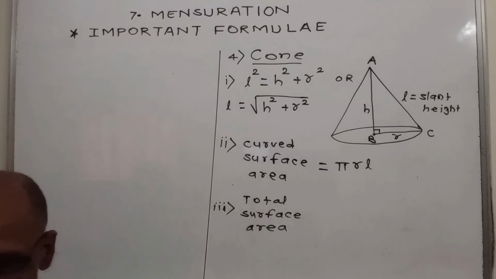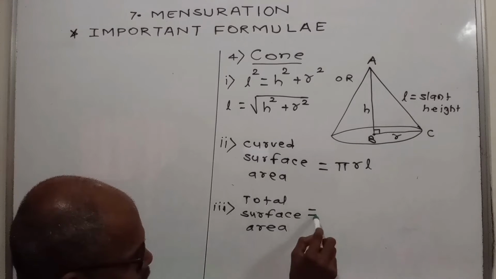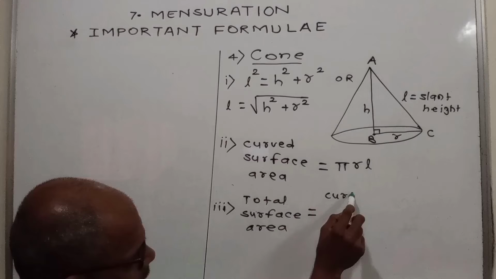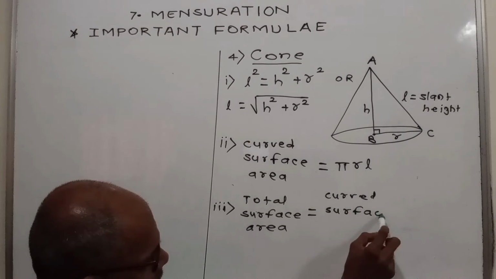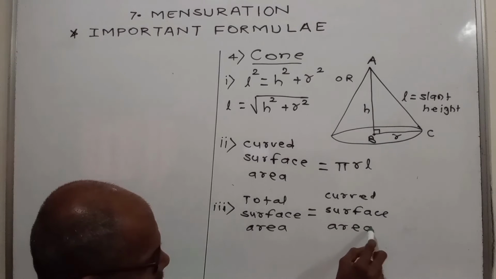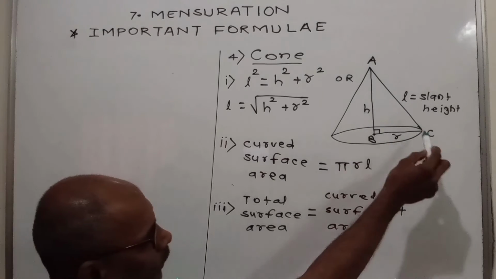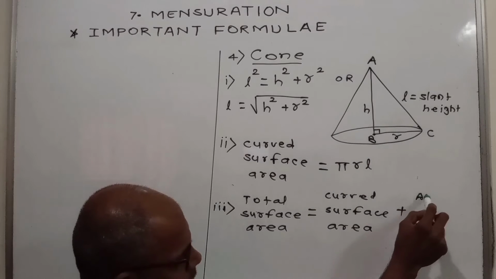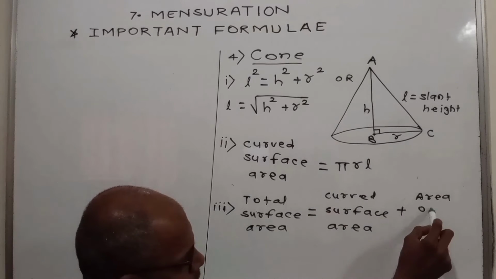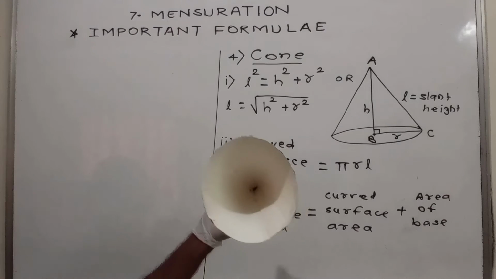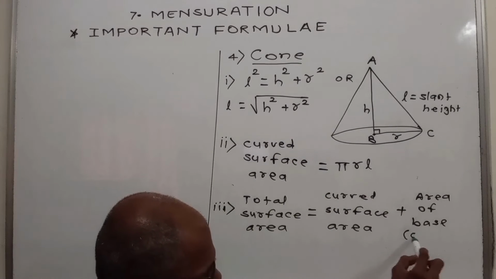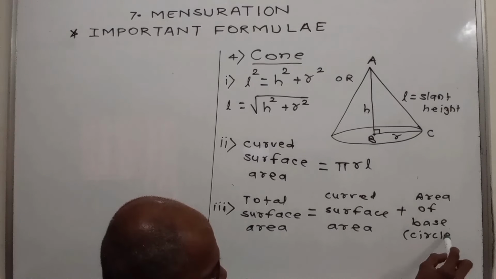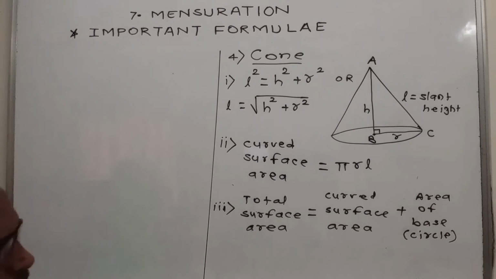Total surface area of cone is equal to curved surface area plus area of a base. Area of base, and base is circle. Base is circle. So I will write here circle. Did you get it?